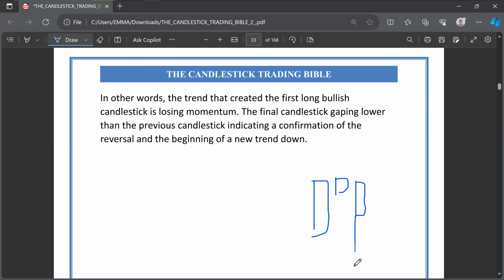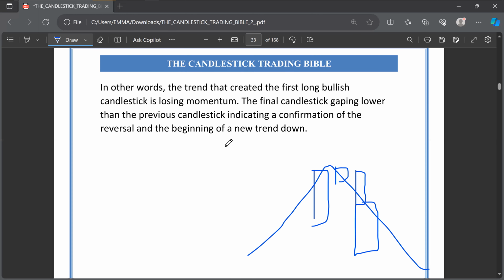Or better still, we can even continue this way. Okay, so, sorry about my drawing. So that is it. The final candlestick gaps lower than the previous candle, indicating confirmation of the reversal and the beginning of a new trend. So it was moving here. Now the new trend will be like this way. So that is that.